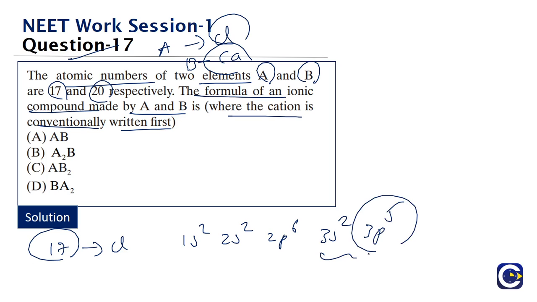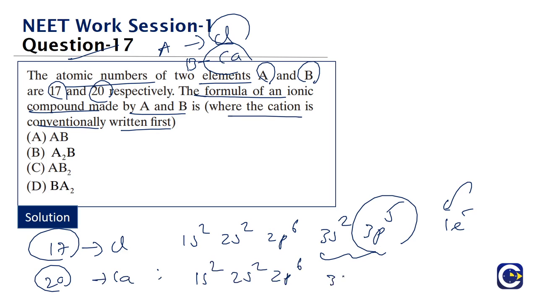The outermost orbit has 7 electrons. It is short of 1 electron, means it wants to gain 1 electron. Whereas atomic number 20, calcium, will have 1s2 2s2 2p6 3s2 3p6 and then 4s2. It has 2 electrons in the outermost 4th orbit. It can lose these 2 electrons.